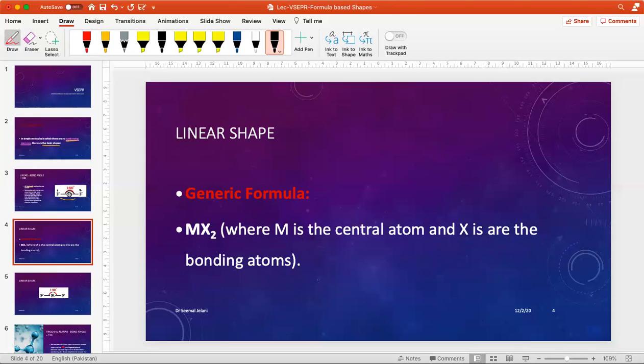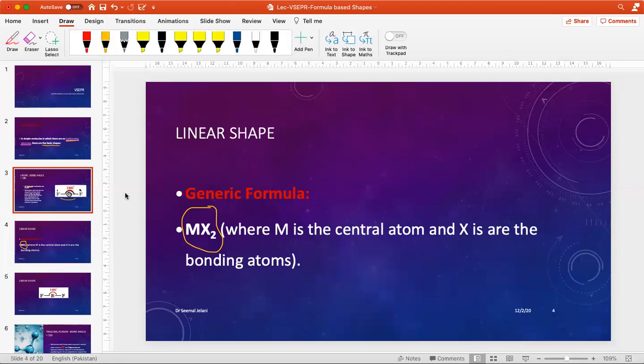Then we come to the generic formula for linear shape. This is the generic formula MX2, where M stands for the central atom and X is or are the bonding atoms.